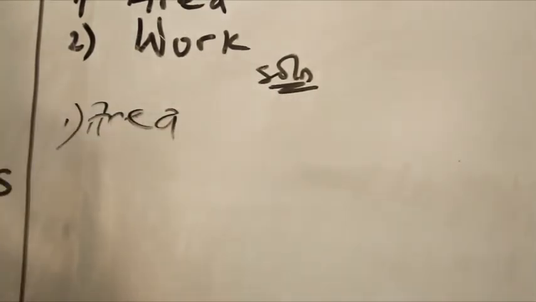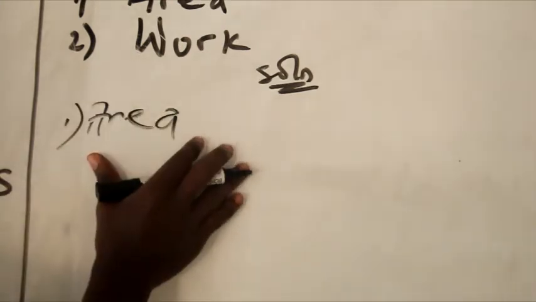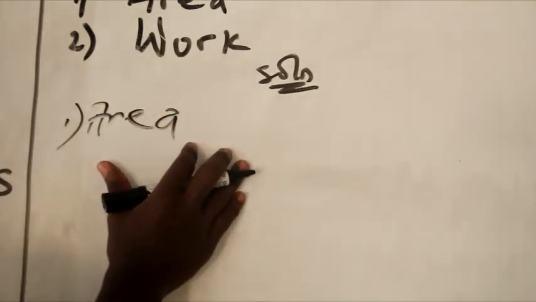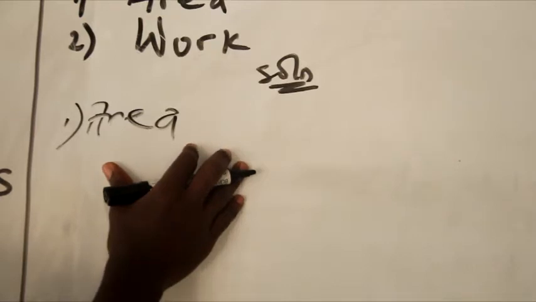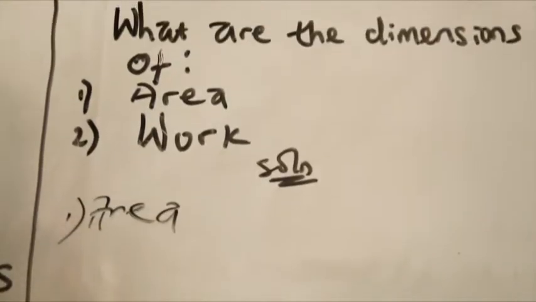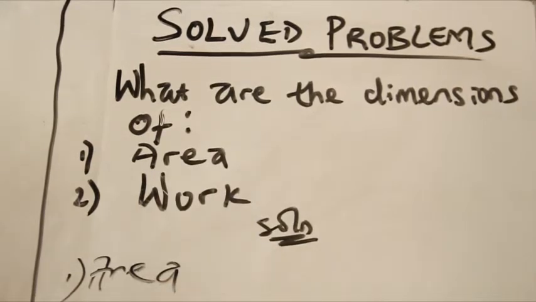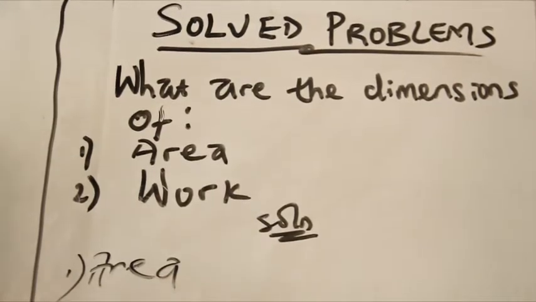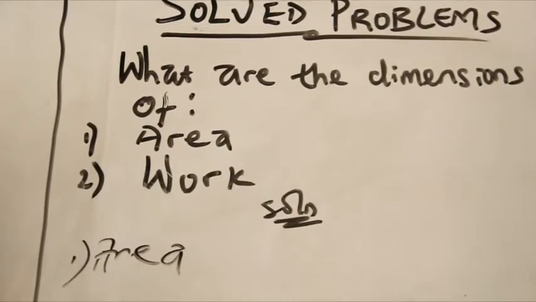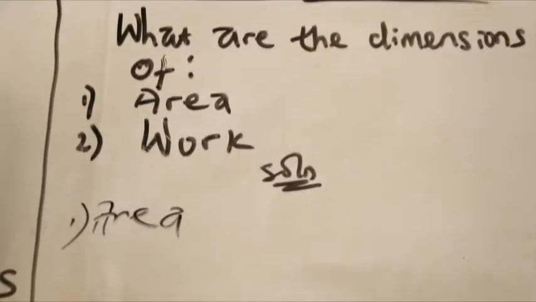So if you've not watched a video on physical quantities and units, I would love it if you watch it before continuing this video, because in that video we had looked at the formula of some derived quantities, and if you have done the assignment, you must have learned others that we didn't include in that video.